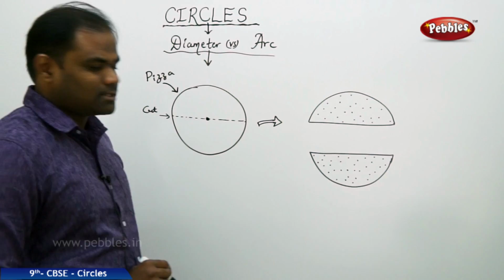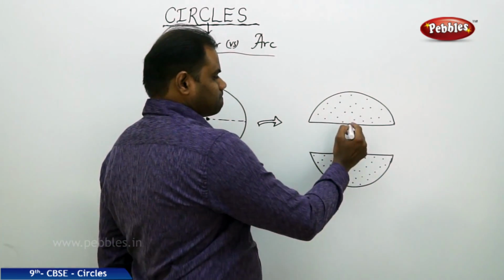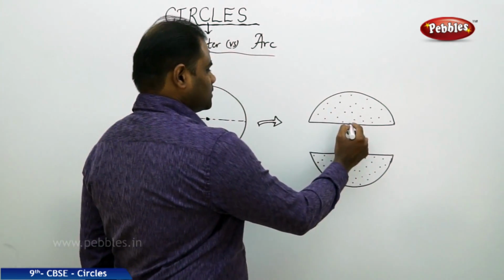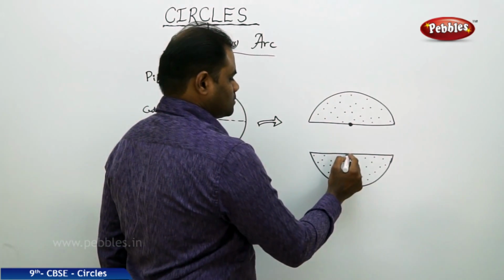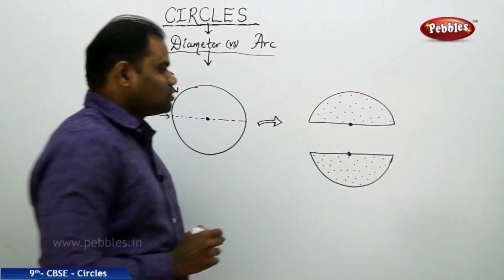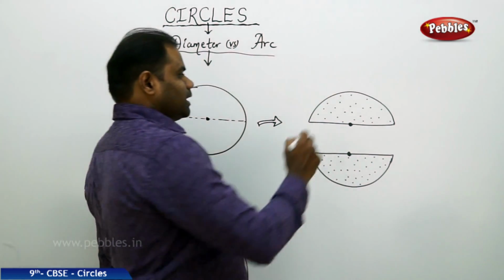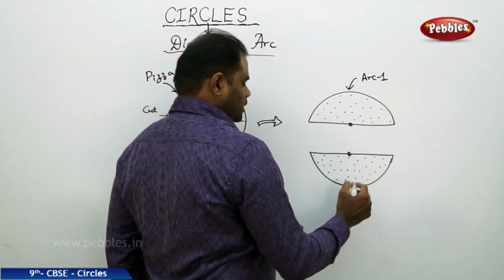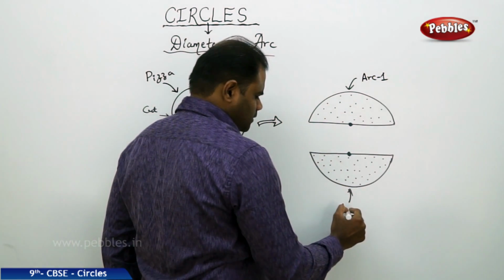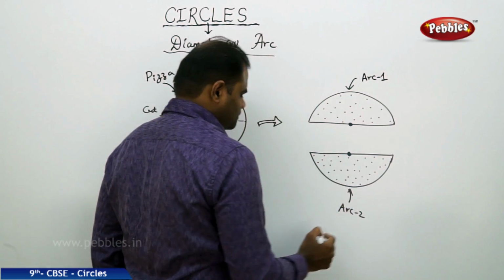Now with these two slices of the pizza, I have the center which is common in this case. So what do we observe from the arc obtained here and the arc which is obtained in the other piece of the pizza?